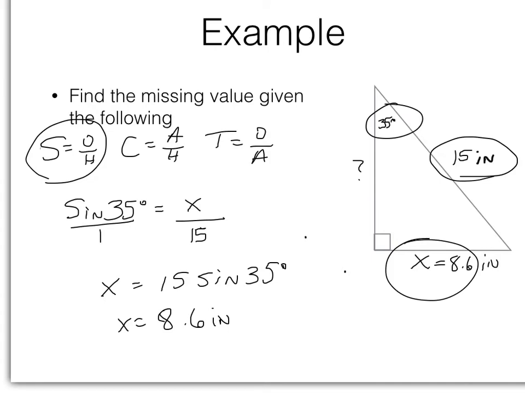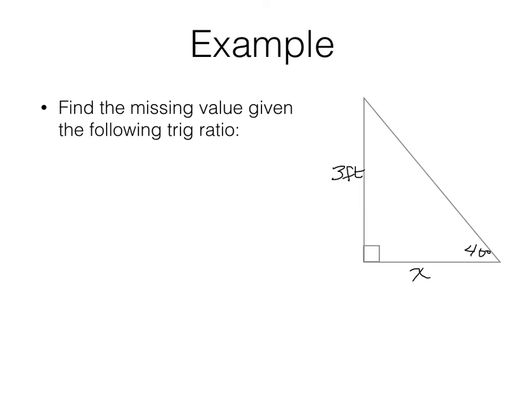Another example. Here we also need to identify our trig ratio that we could use to find this missing side length, because all we're given is a 40-degree angle and a 3-foot measure of this side here. Okay, so if we're looking at this angle, 3 is our opposite side length, and x is our adjacent side length.